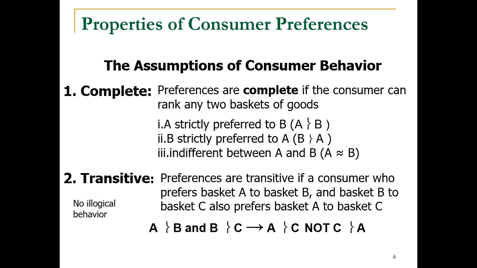You can't choose between these two bundles. So every time we're talking about completeness of preferences, we refer to this: either bundle A is strictly preferred to bundle B, or bundle B is strictly preferred to bundle A, or you are in that dilemma where you can't choose between bundle A and bundle B, which means that you are indifferent.